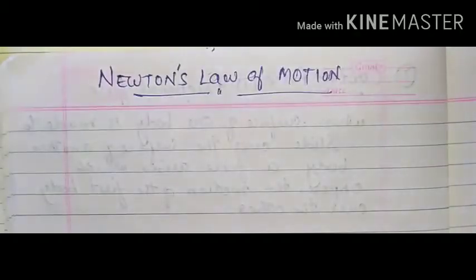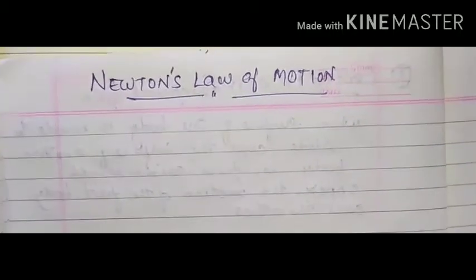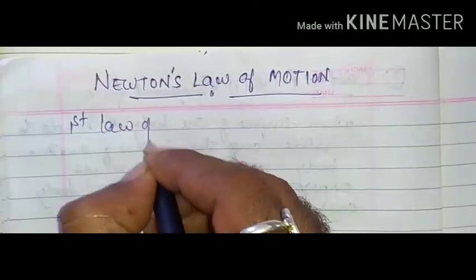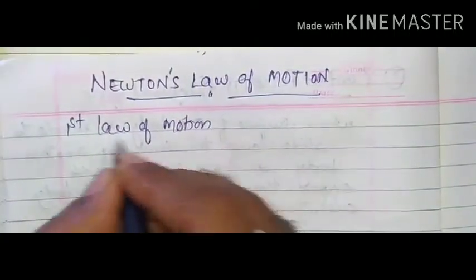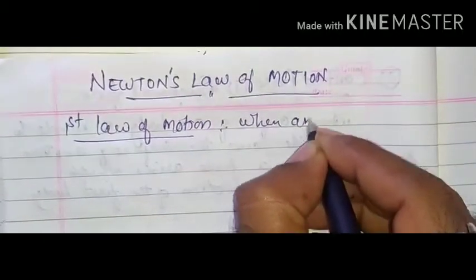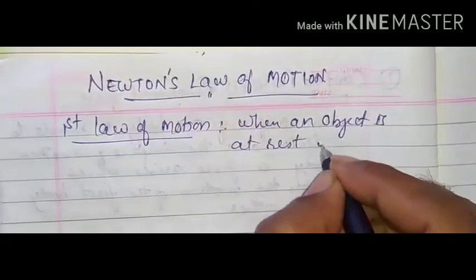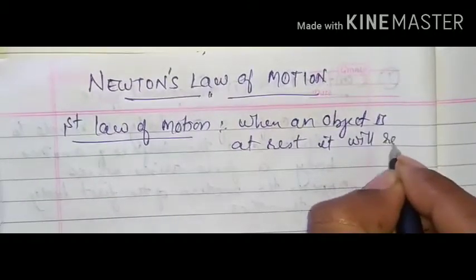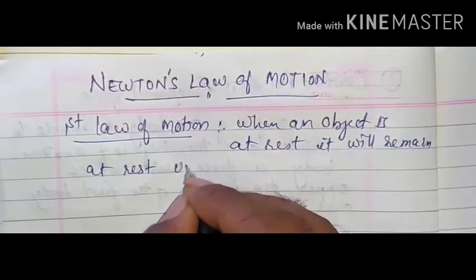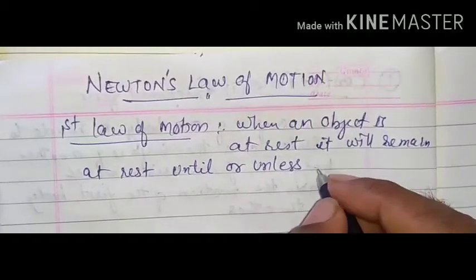Now, first law of motion. Newton's laws of motion, we will just study the first law of motion. So what does it say? When an object is at rest, it will remain at rest until or unless an external force is applied on it.